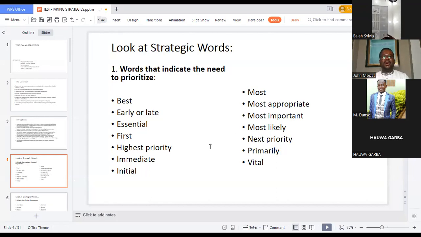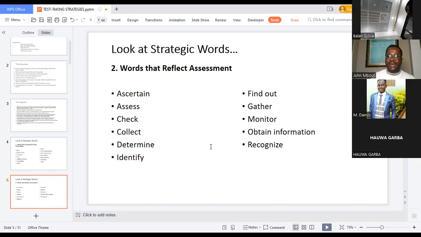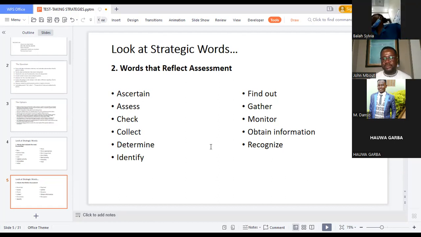Let's look at strategy words that reflect assessment. When you see these words, you should have in mind that they're asking you to carry out an assessment: ascertain, assess, check. What will you check? The nurse determines, monitors, obtains information, gathers information, finds out.